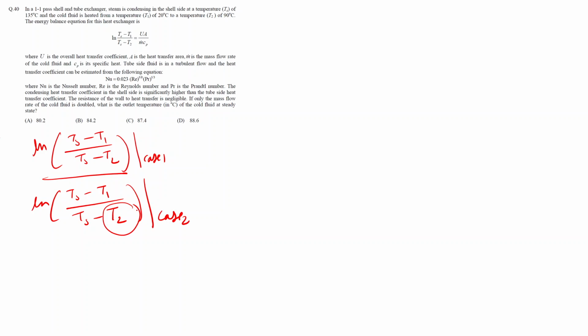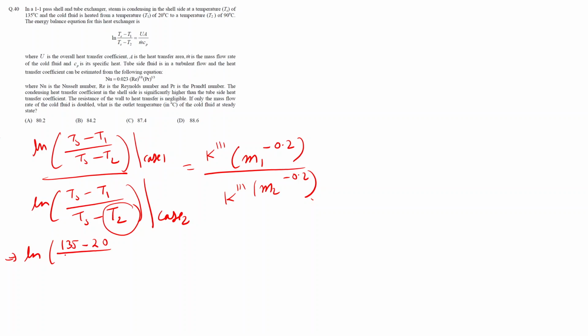This is the term that we have to find, and it will be equal to k triple dash M1 raised to minus 0.2 upon k triple dash M2 raised to minus 0.2. Now Ts we were given as 135 degrees Celsius, so we'll just replace those numerical values: ln of (135 minus 20) upon (135 minus 90) upon ln of (135 minus 20) upon (135 minus T2). T2 we have to find.